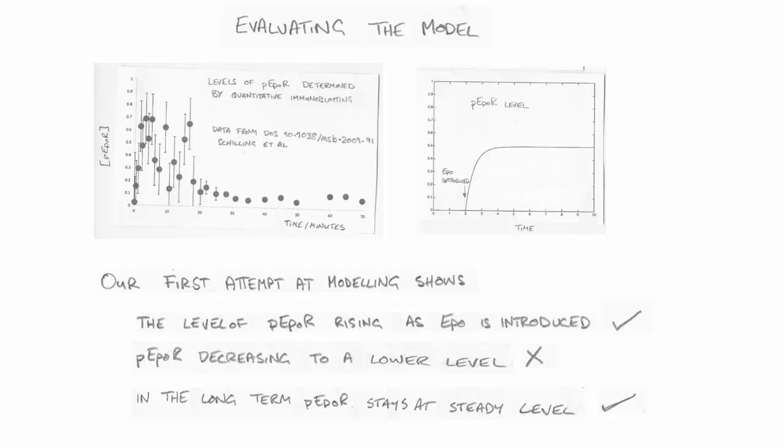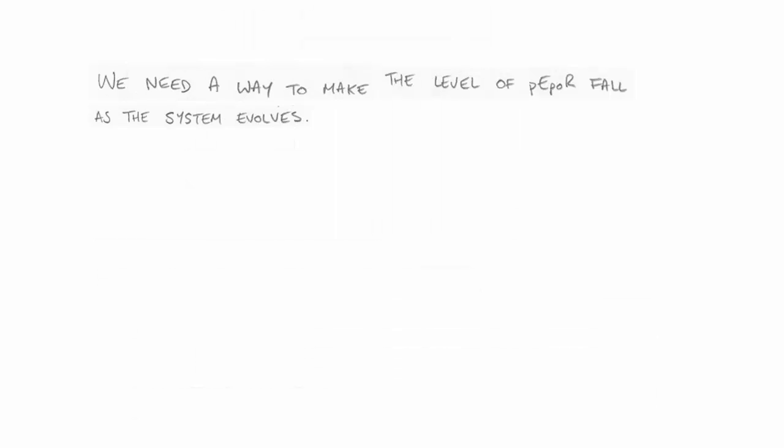Could you really say it stays at a long steady state? You might disagree with me on that. But what we need to do next is a way to make the level of phosphorylated receptor fall as the system evolves. So after that initial rise, we want it then to fall.